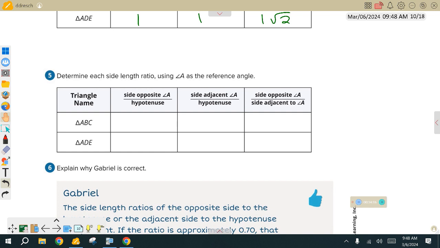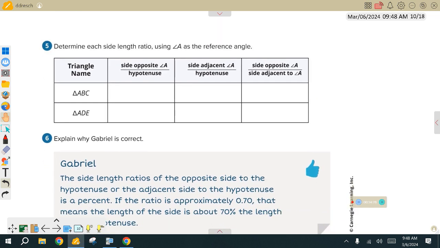Let's talk about just initially, what's that initial ratio? First one, ABC, first column, what do we got? 2 over 2. I'm thrilled with that first one. What's the next one? 2 over 2.